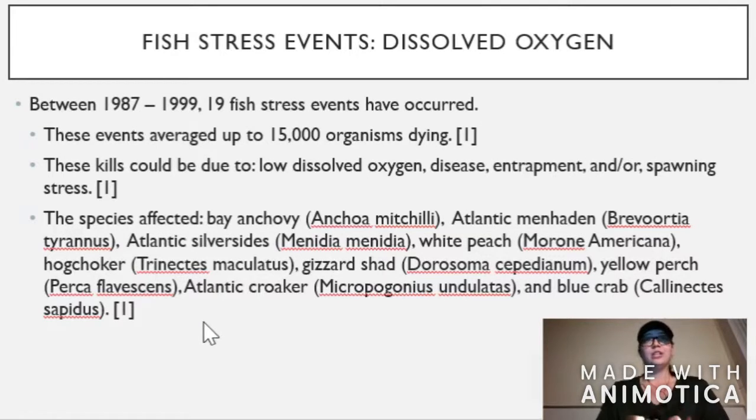These events have averaged up to 15,000 organisms dying, so they have a harmful impact on our environment. These fish died due to low dissolved oxygen, diseases, entrapment, spawning stress, anything to do with how blooms affect our oceans. And a lot of species are affected by these blooms, actually. As you can see here, it's not just shellfish, as most papers use that common example. It's actually quite a lot more than that.